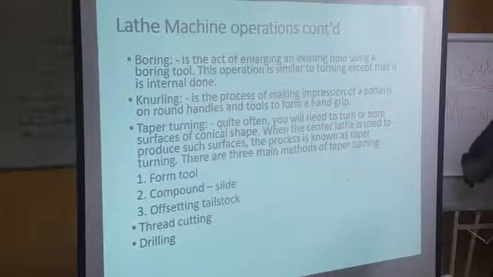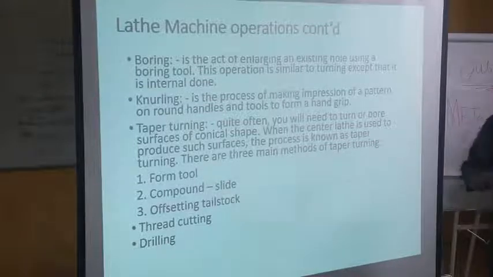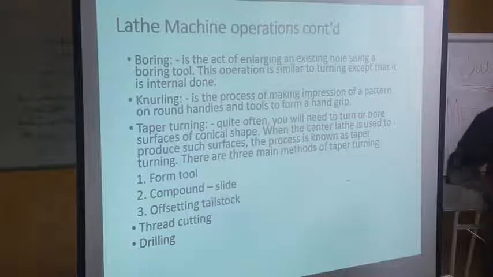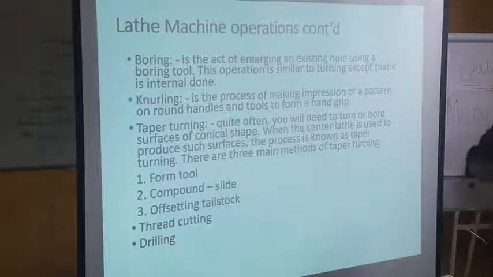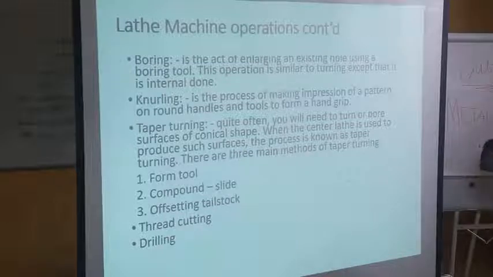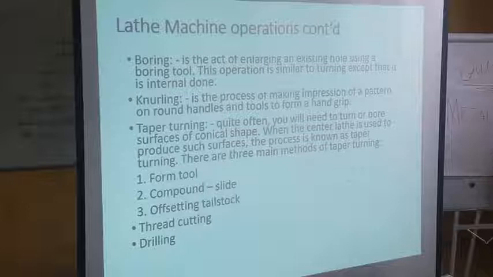For you to have a firm grip, it is made in such a way that there is an impression. There are lines crossing each other that enable one to have a firm grip of the workpiece or the tool that you are handling. That is what we refer to as knurling operation.